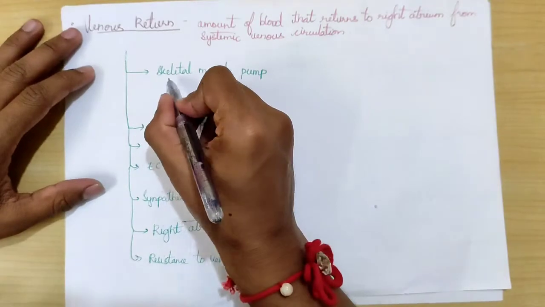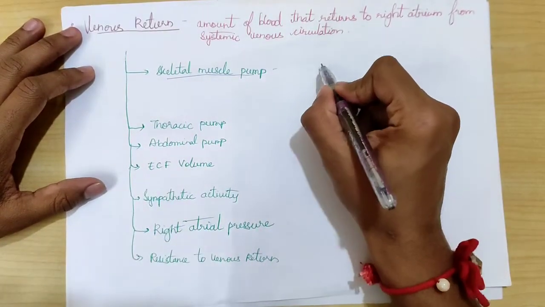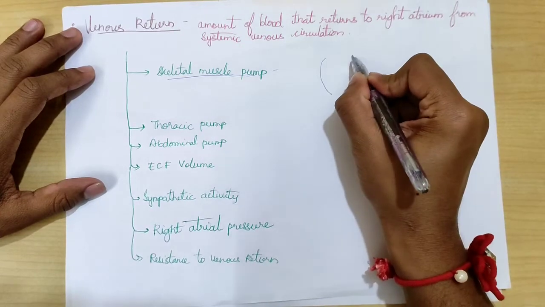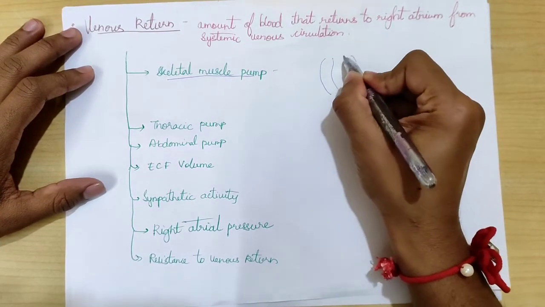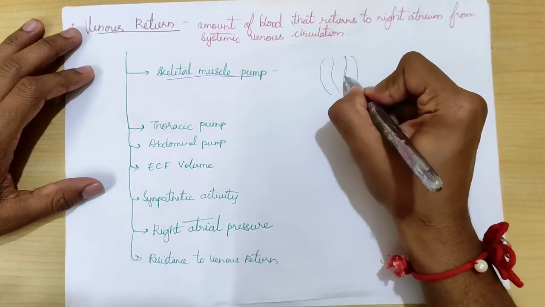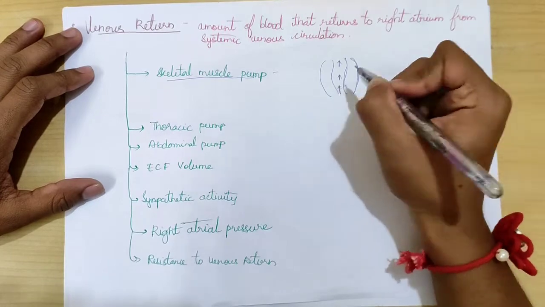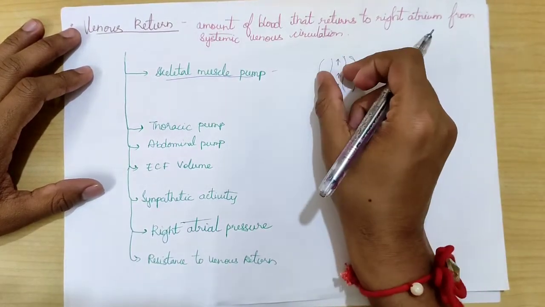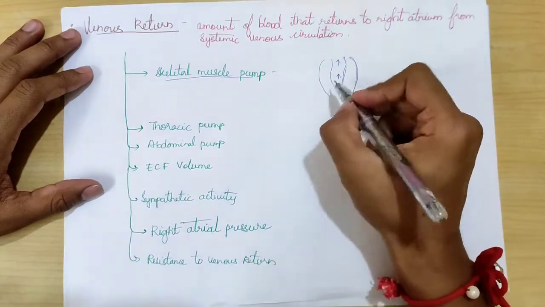The first one which affects the venous return is the skeletal muscle pump. You may know that in a muscle, think of this as a muscle, and this is the blood vessel which is between the muscle. When the muscle contracts, the blood vessel also contracts and the blood goes upwards, that is in the legs.